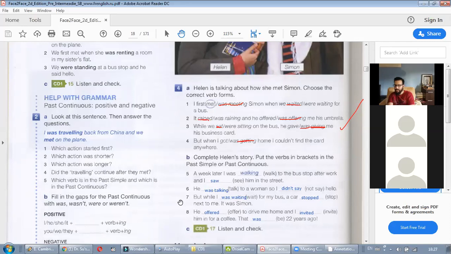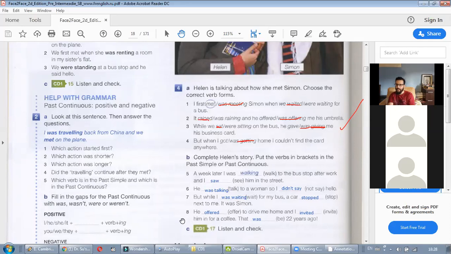Which part? So here you'll start from number 5. You'll say, a week later. A week later I was walking to the bus stop after work, and I saw him in the street. Okay, so you can complete the rest of the story, Mohammed.